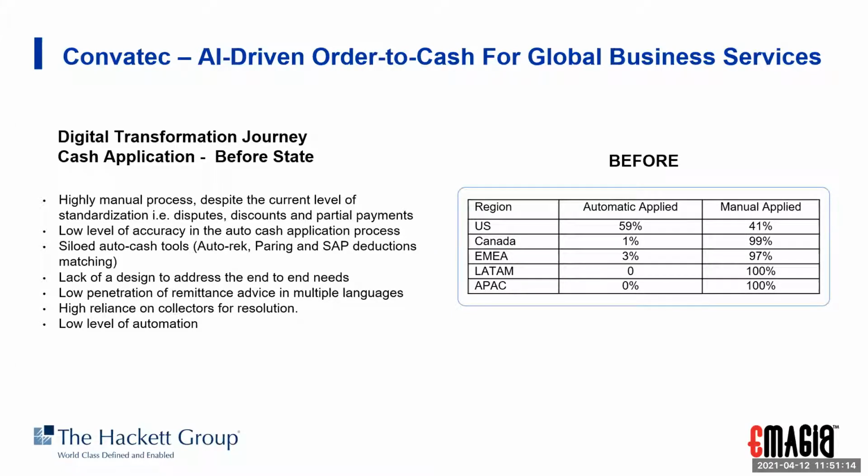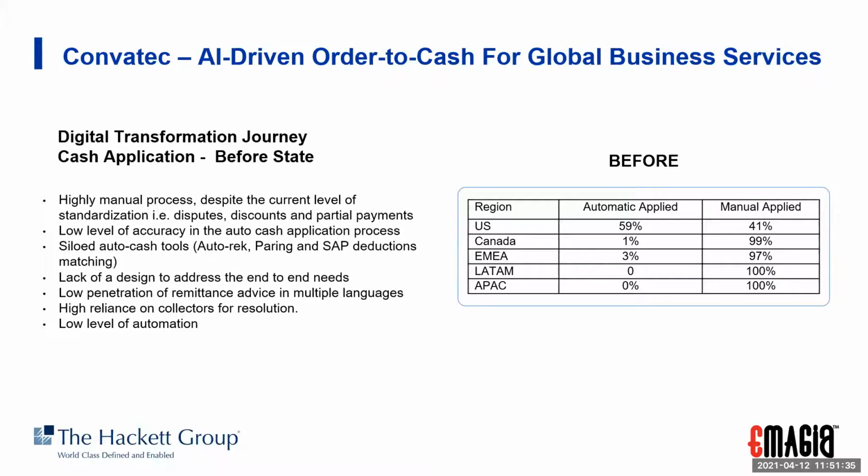So as mentioned earlier, highly manual process in SAP, and low level of accuracy in cash application process. Basically everything was manual in terms of being dependent on people, which would probably lead to delays in applying cash.